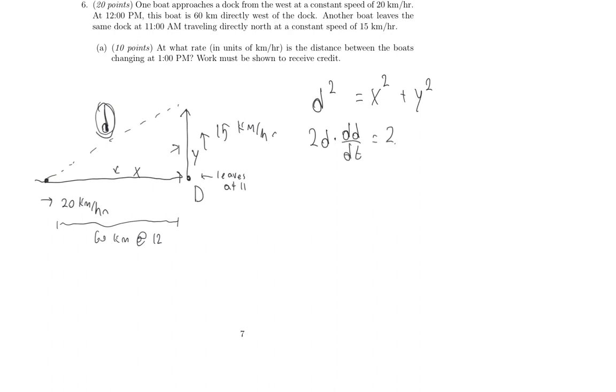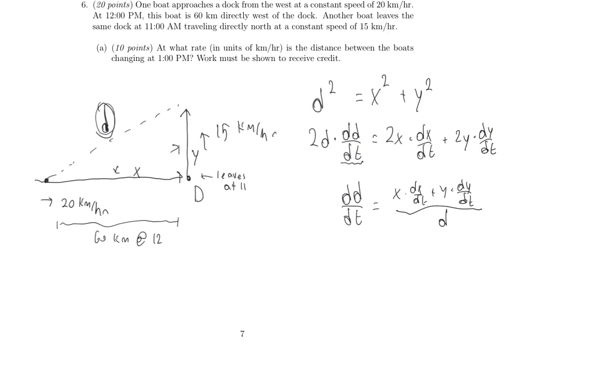It's going to be 2x times dx/dt plus 2y times dy/dt. I'm trying to figure out the rate of the distance, so I'm looking for dd/dt. I'll divide each side by 2d. On the right side, all the 2's cancel, so x times dx/dt plus y times dy/dt over d.